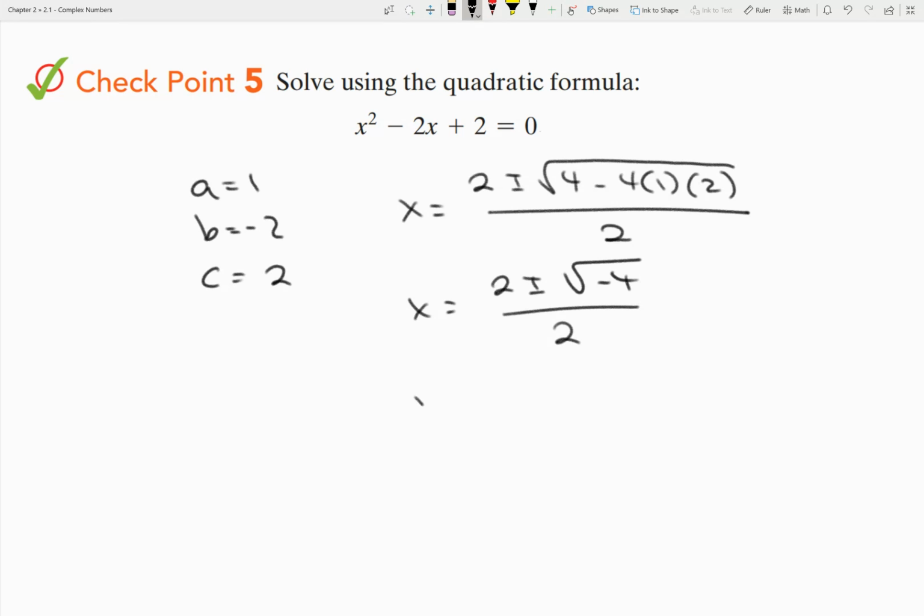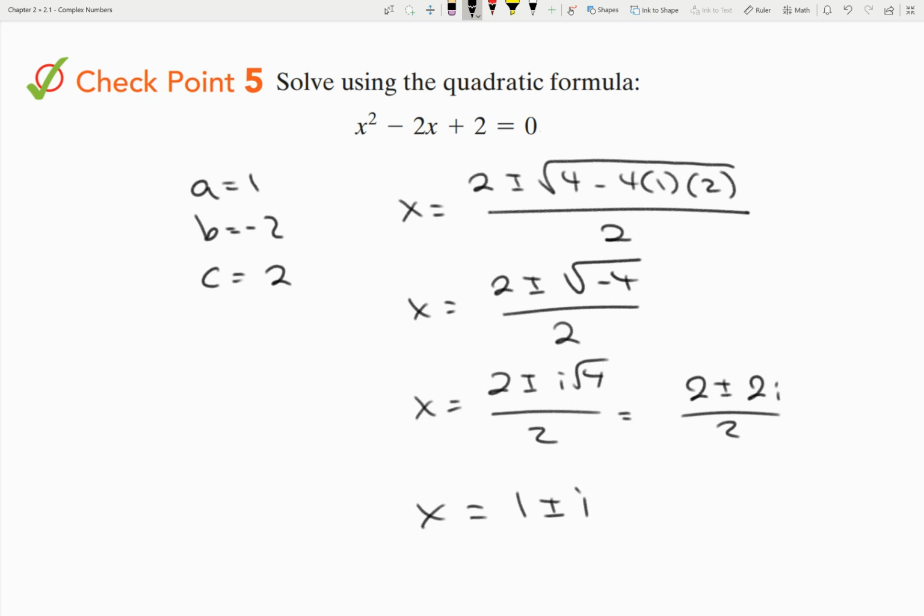And this is going to work out nicely. So that's 2 plus or minus 2. Well, first, let's do this step by step. You have to do that first still. I can do it all in one step. Yeah, it's going to be 2i. So 2 plus or minus 2i over 2, which makes my answer 1 plus or minus i.